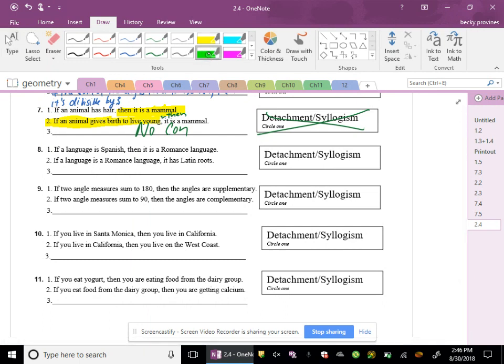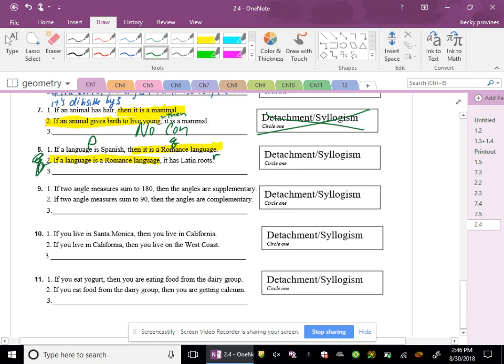Okay. When I look at this, I see 2 complete sentences. Are they talking about the same thing? Now remember, what letter is this? This is the letter Q. Are they talking about the same thing?